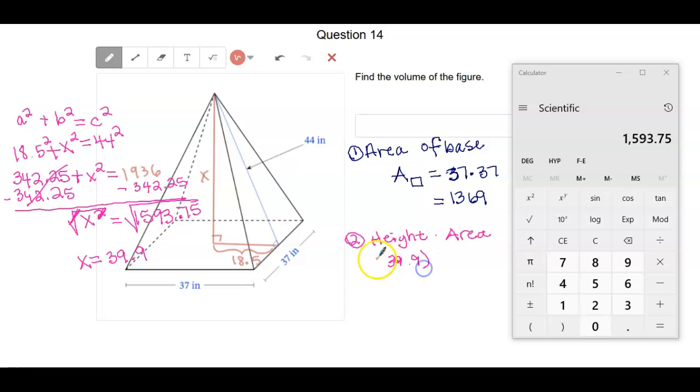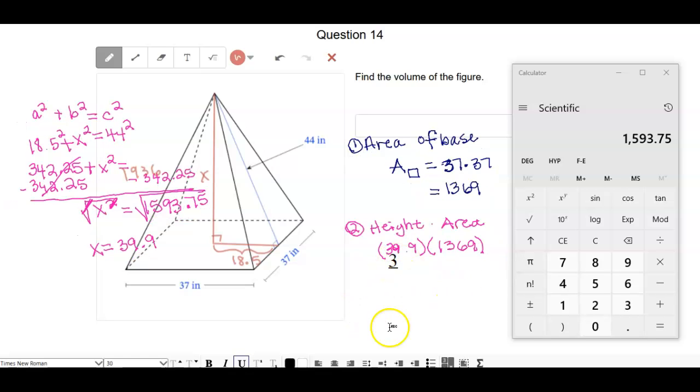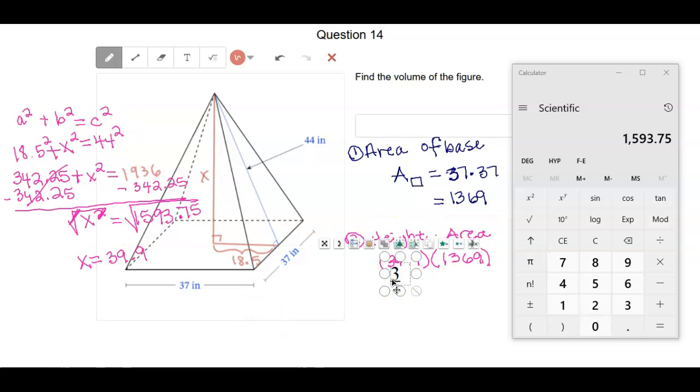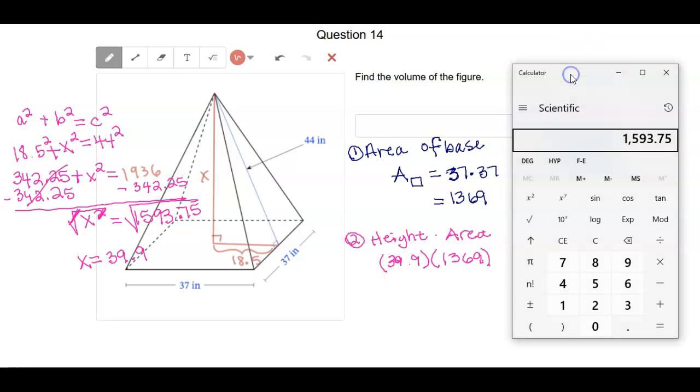And we're going to take that and multiply it times the area that we got up here, which is that 1369. So we're going to take 39.9 times 1369, and that is a huge number.